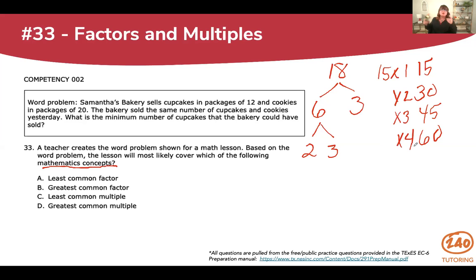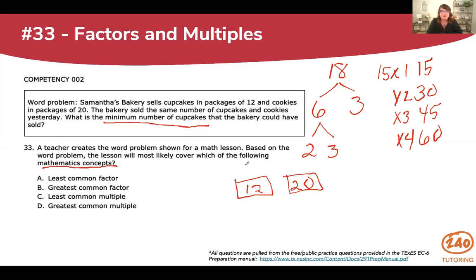All right, so let's look at this. The bakery sells packages of cupcakes, and there are 12 in each one, and cookies, 20 in each one of those. So if we sold the same number of cupcakes and cookies, what is the minimum number of cupcakes that the bakery could have sold?